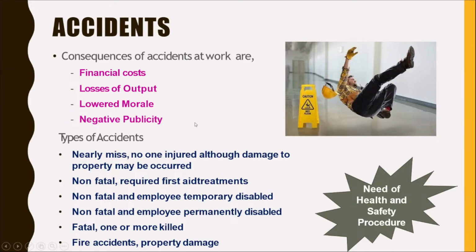If there is an accident in your workplace, it may incur financial costs, and sometimes there will be a loss in the final output, in the factory or in the company or anywhere.